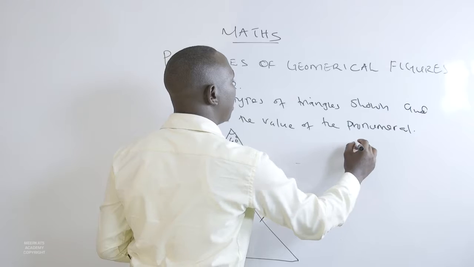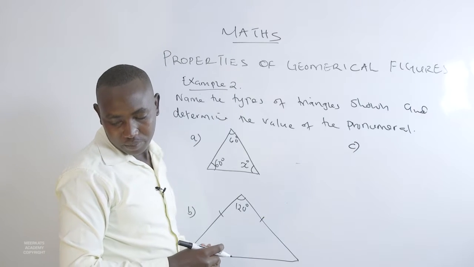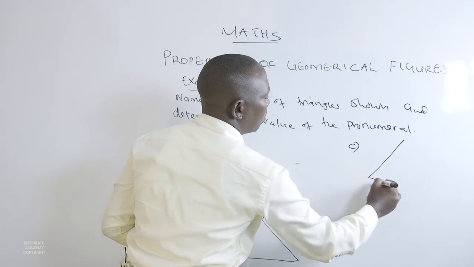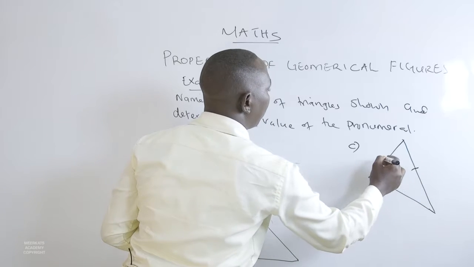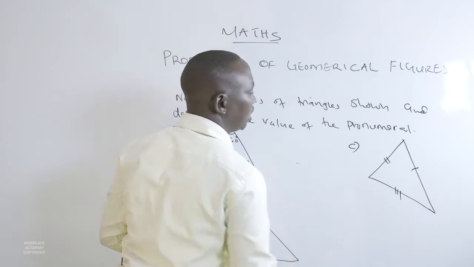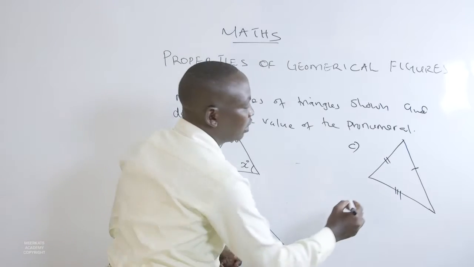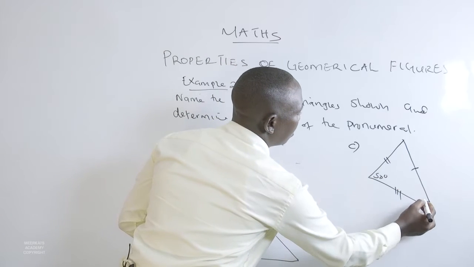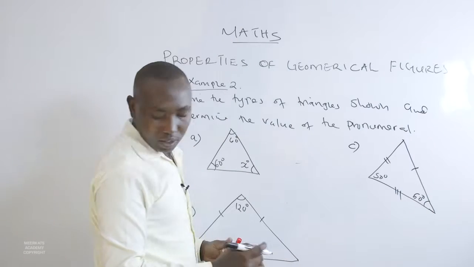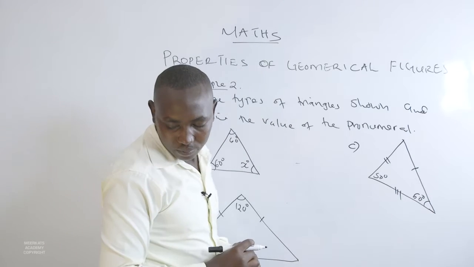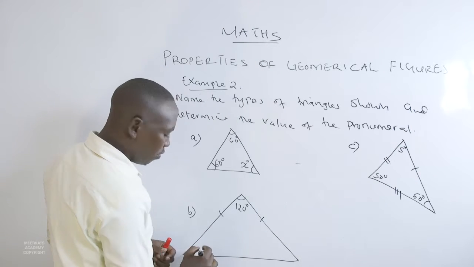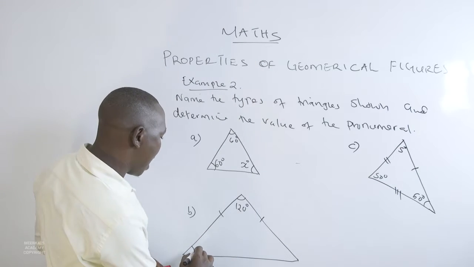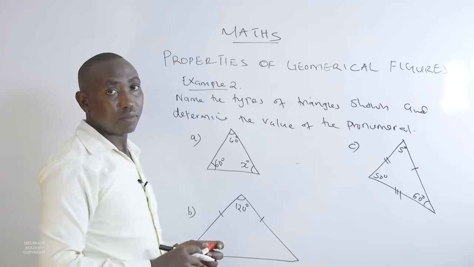Then the last one, number C, we have a triangle for which this side is not equal to that, is not equal to this, and we are told that this is 50 degrees, this is 60 degrees, and then this is S degrees. We are told that this angle here is R degrees.